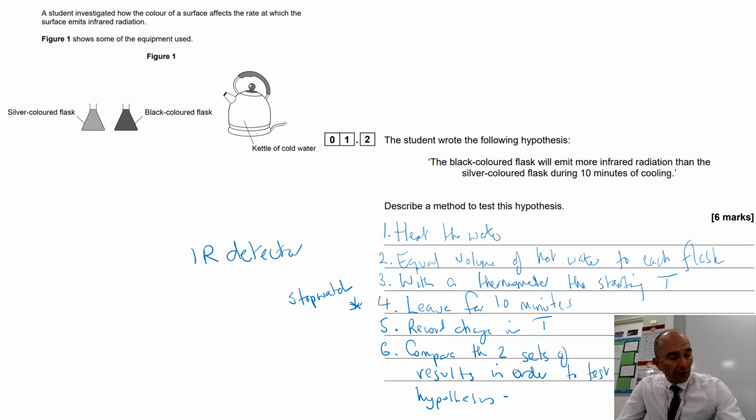However, if you just go down the easier route using a thermometer, that would get you the full 6 marks. Now, to get your level 3, which is your 5 or 6 marks, you've got to have a correct way of measuring the temperature decrease for both flasks, whether you use the infrared detector or not. So hopefully you've got 6 marks, and it's quite a nice start to that particular paper.